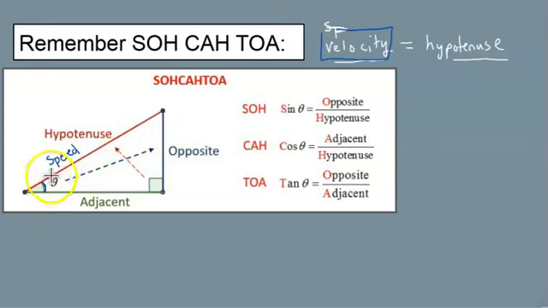Okay, but the length of that side of the triangle is the speed. And this is how quickly you're traveling upward at that instant. So we're going to call that Vy. This length is how quickly you're traveling over at that instant. We're going to call that Vx.